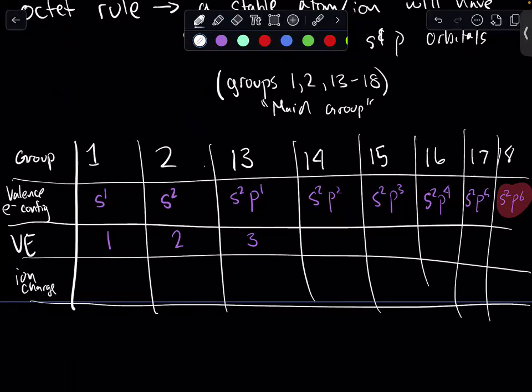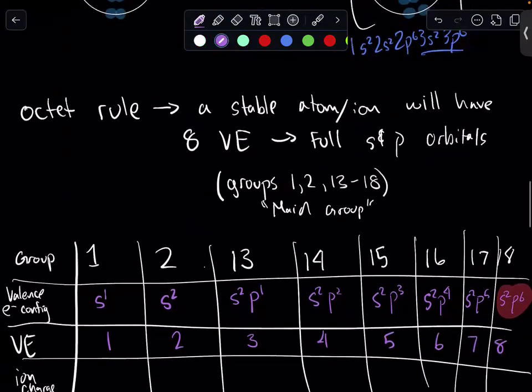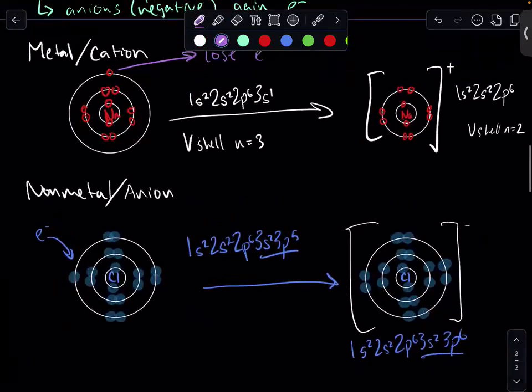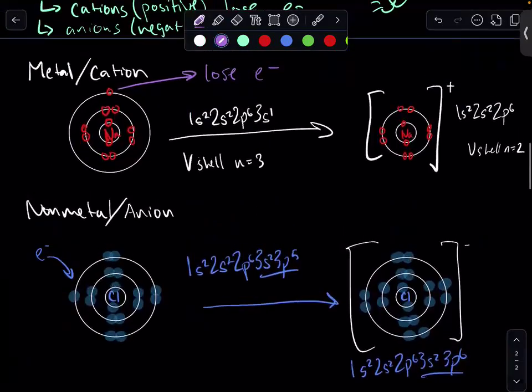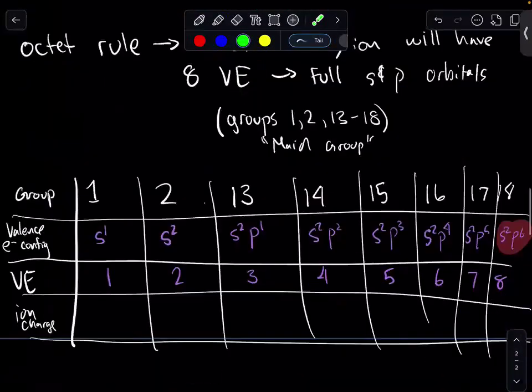I do mean group 1, 2, 13, 14, 15, 16, 17, 18. If you caught that, good catch. Anyways, 14, it's 4, 15, it's 5, 16, it's 6, 7, and 8. So the goal is to have 8 valence electrons, but we recognize that with metals, sometimes to get 8, we have to lose electrons because we reveal that inner shell, which has 8 anyways. So we can do that.